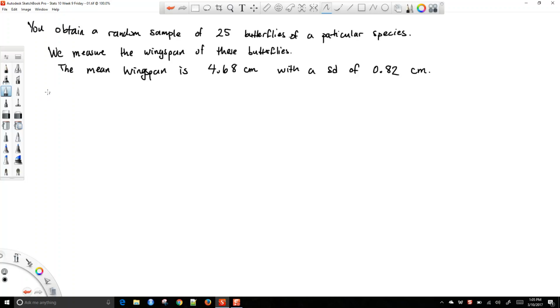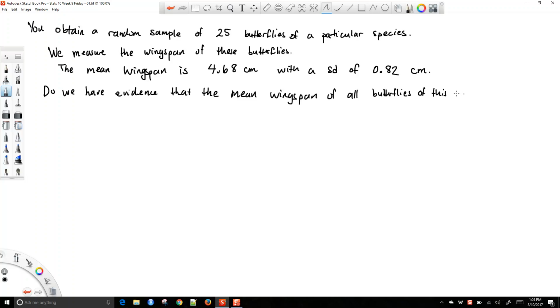Okay, and then we ask, do we have evidence that the mean wingspan, I guess these are tiny butterflies, of all butterflies of this species, is over, we'll say, 4.5 centimeters.